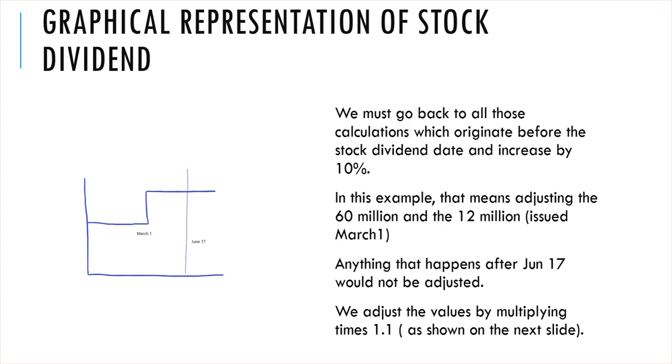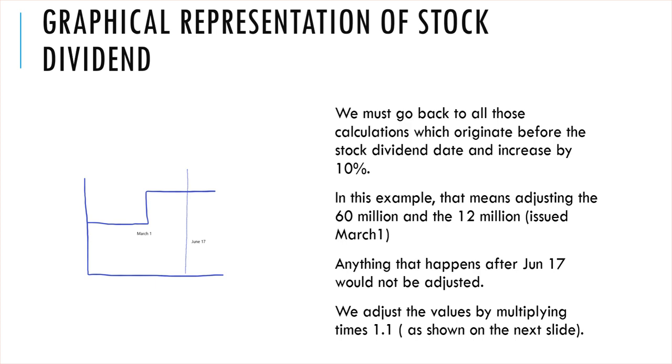We don't worry about how many actual shares it is, because we are working on weighted average shares outstanding. And the rule here is that anything that happens after June 17th, we do not adjust, but anything that happens to the left or before June 17th, you adjust by 1.1.